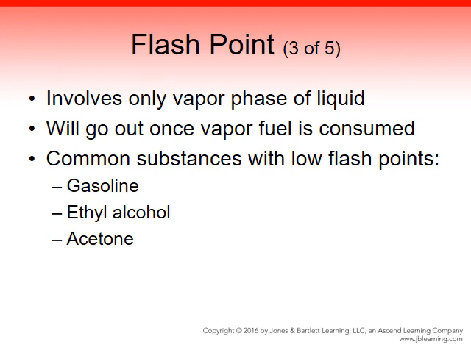And then, when it's exposed to some sort of ignition source, it will burn or explode. Flash point only involves the vapor phase of a liquid. Common substances with a low flash point are gasoline, ethanol alcohol, and acetone.